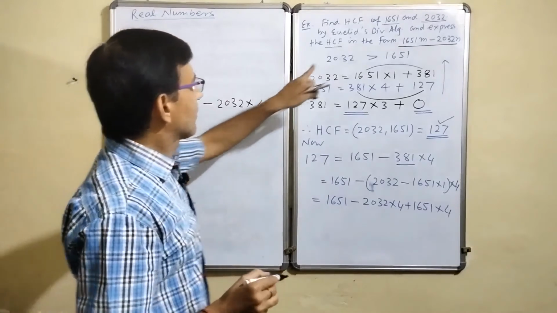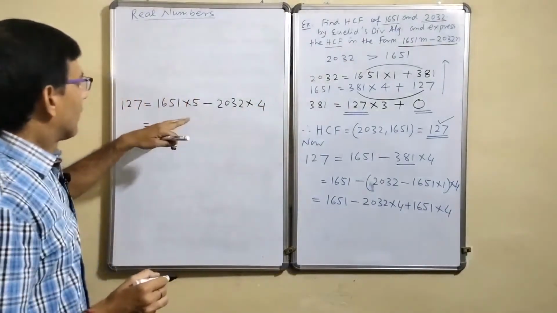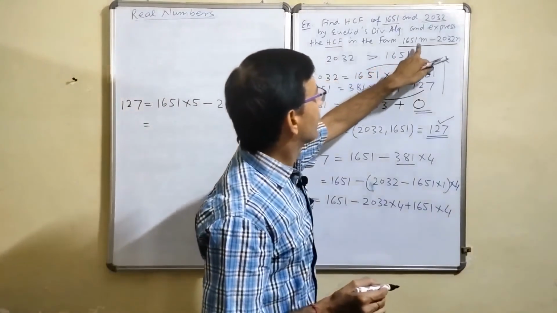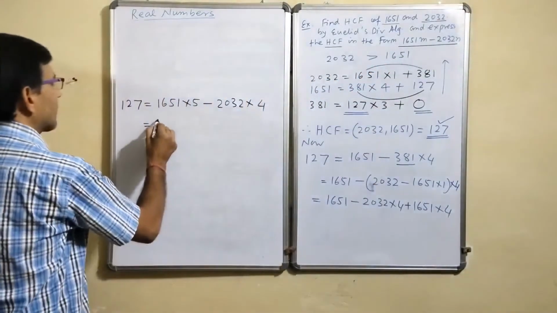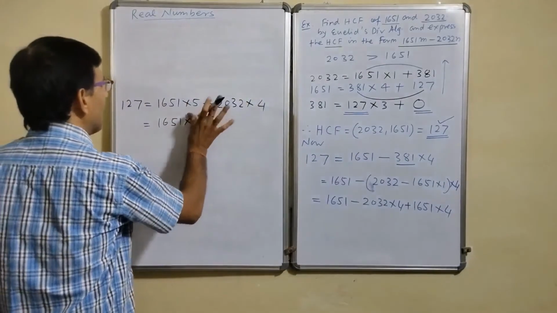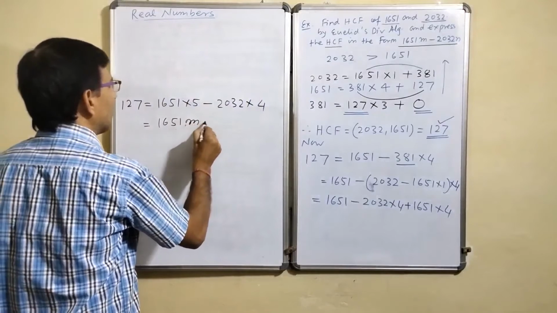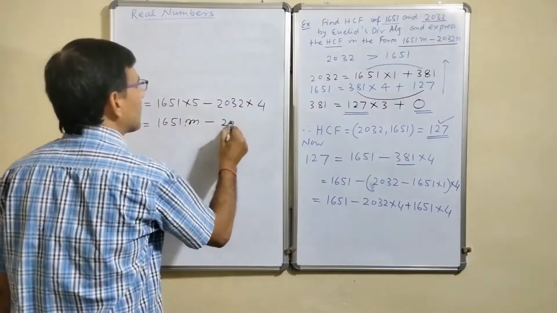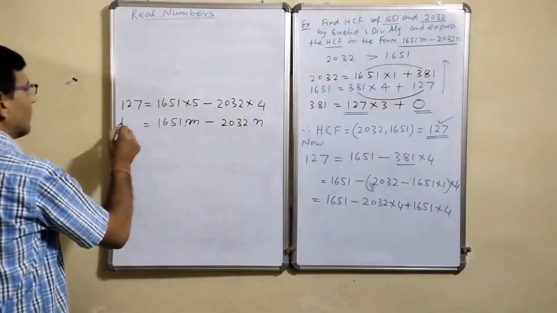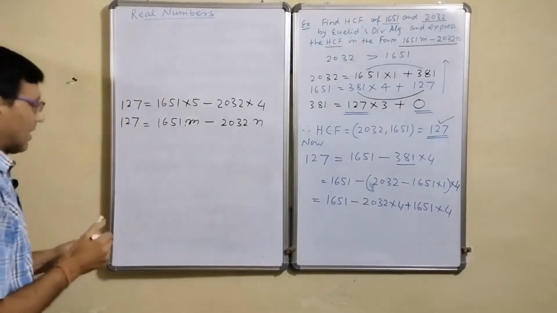2032. Now this is the final answer, and now we'll compare with 1651 multiplied by m, or simply it is m minus 2032 n. This is 127 SCF.